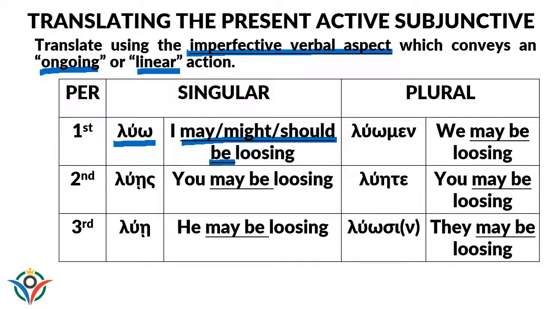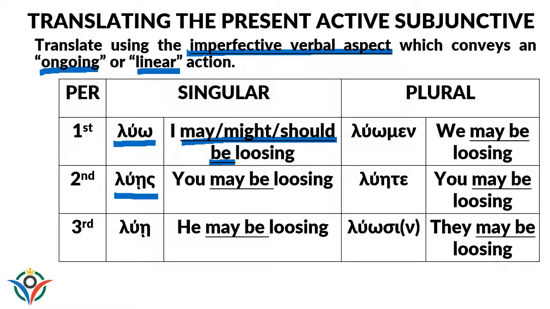Now, depending on the context in which you are doing the translation work, you would have to decide which word is more appropriate, either may, might, or should. But all of these are words that help us to express or convey the subjunctive idea of the verb. And then we need to include the word be in the present tense form to show that the action is ongoing or linear.